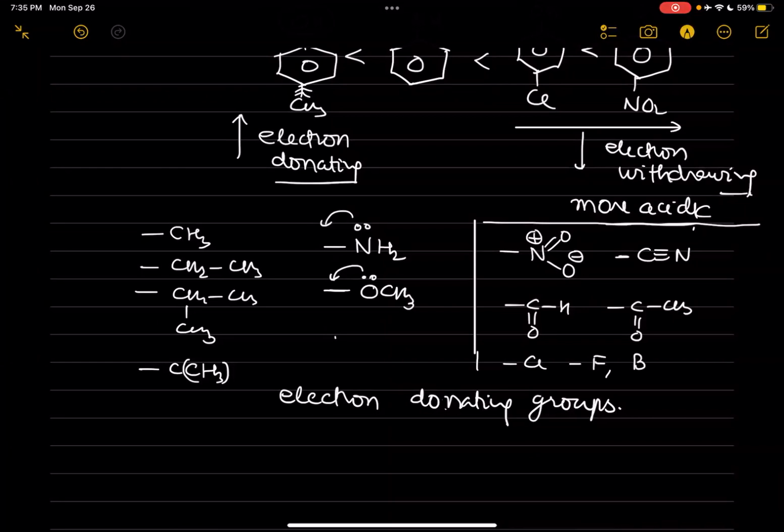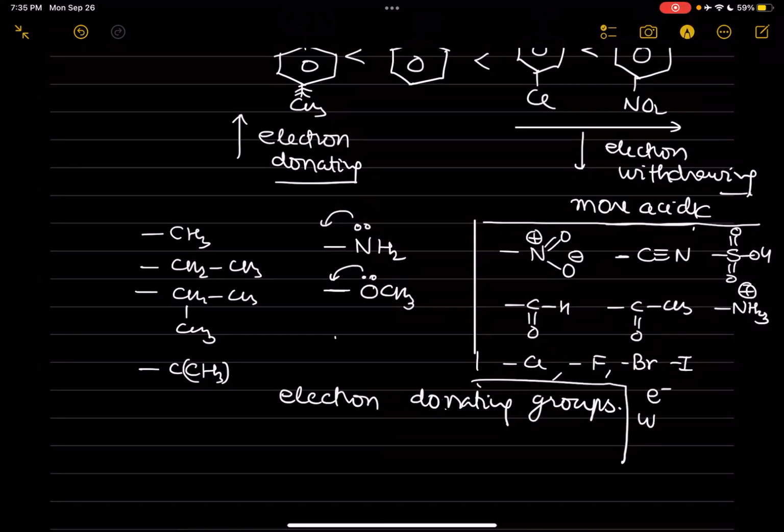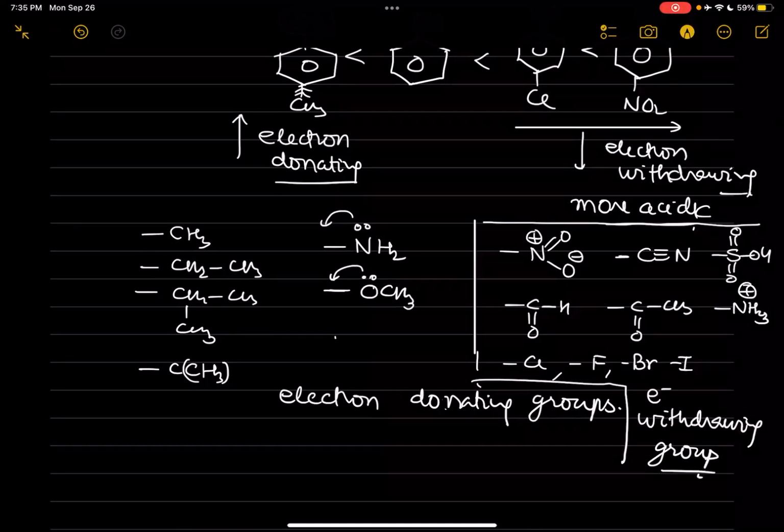Fluorine, bromine, iodine, all of these are electron withdrawing groups. SO3H, aldehydes, ketones, and a positively charged group like NH3 plus, all electron withdrawing groups. Right? And they are going to make the phenols more acidic.